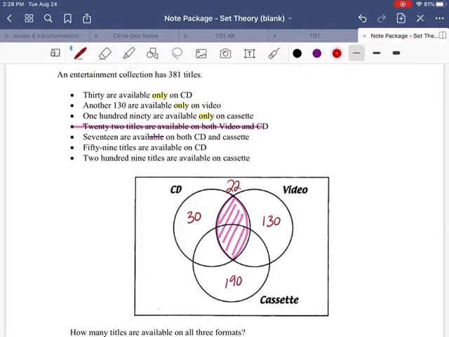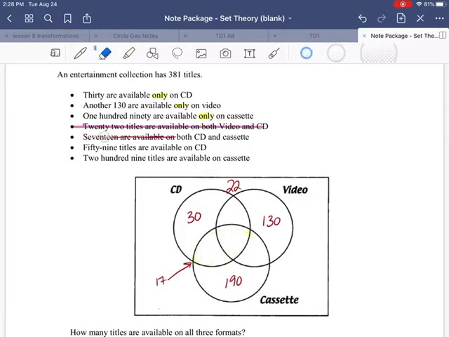We also get this part here, that 17 are available on both CD and cassette. Again, we don't know how it's split up, but if I can erase this, that 17 applies to this entire section, okay, that there's 17 there.